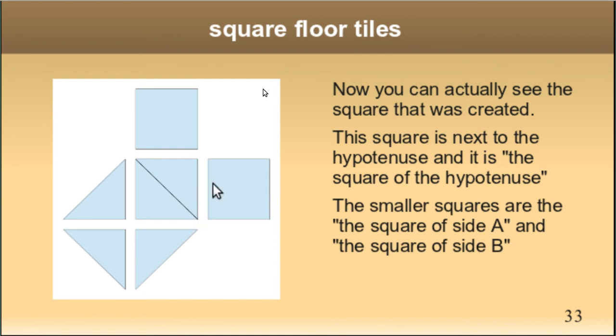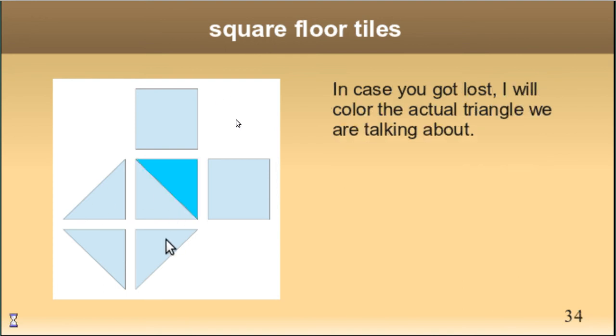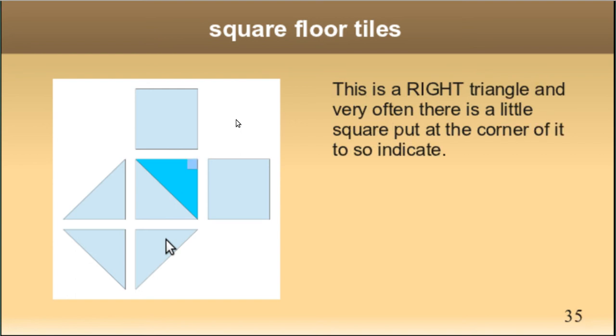The smaller squares are on side A and B. And then this big square now is next to the hypotenuse. In case you got lost, I'm going to color the triangle we're talking about. And this is a right triangle. There's a little square in the corner.